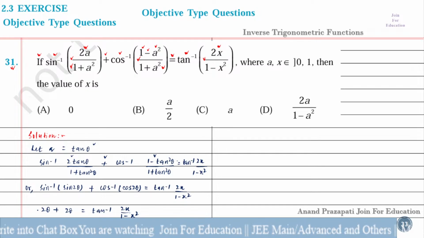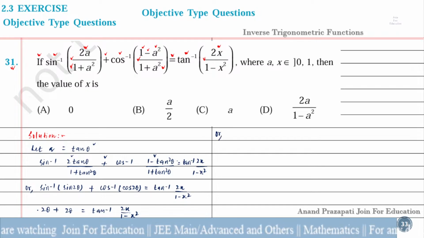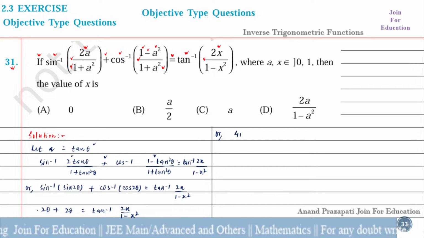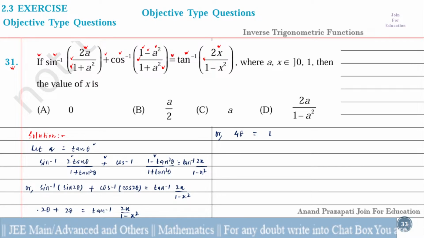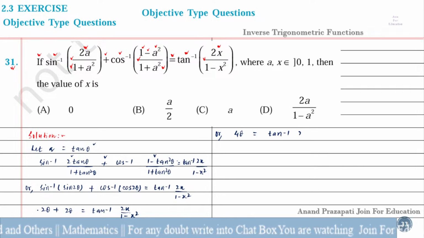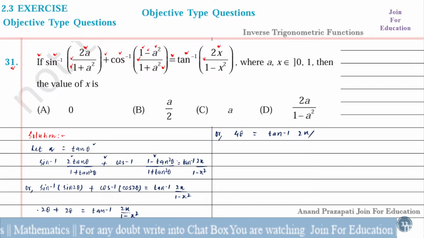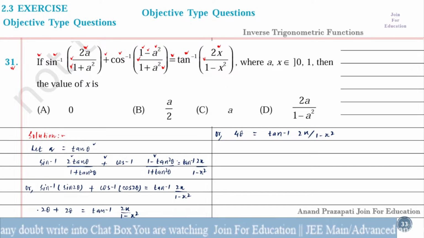Therefore, here will be 4 theta equals tan inverse 2x by 1 minus x square.